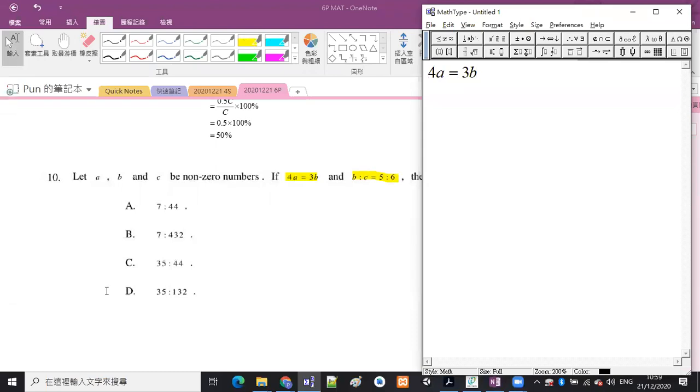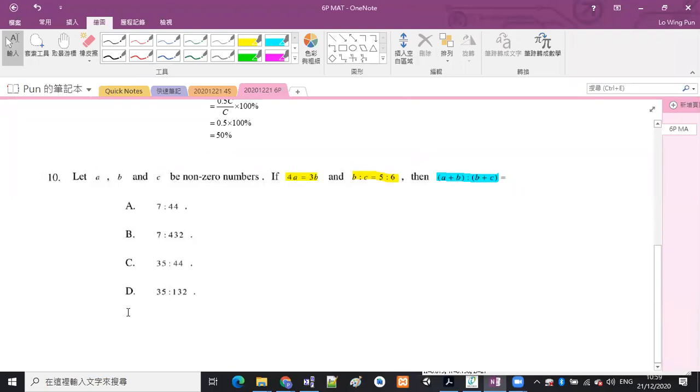我俾一個好正統嘅方法嚟做先，你學學先。4A is equal to 3B，我哋要自己做一個 three term ratio 出嚟。但係做 three term ratio 之前，我哋要做兩個 two term ratio 先。So A over B is equal to 3 over 4, right? Just divide the B to the left hand side and then divide the 4 to the right hand side, which means that the ratio of A to B is equal to 3 to 4. Can you get this? Okay.